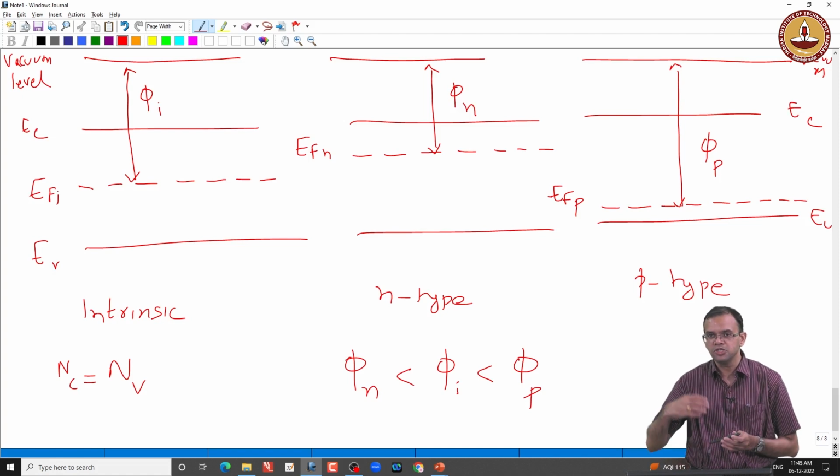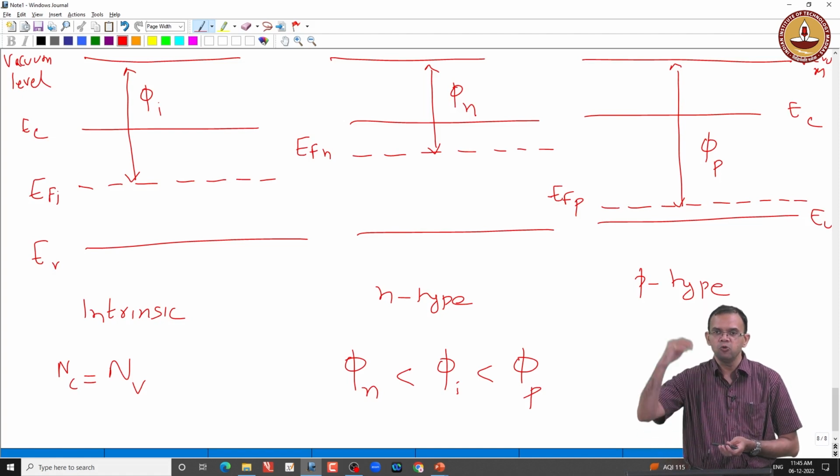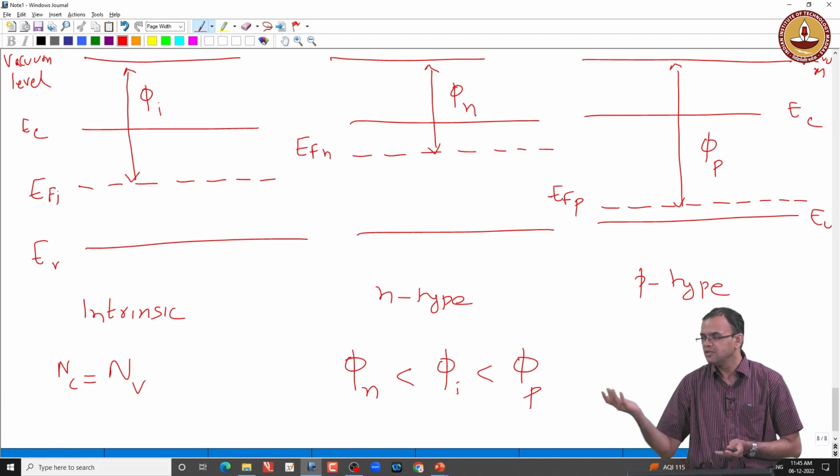So you expose your wafer to your dopants at high temperature and then they diffuse. So if I heat silicon to high temperature and expose it to oxygen, I will not have oxygen diffusing into silicon. Rather, I would have silicon reacting with oxygen to give me SiO2. If I have nitrogen, I would have silicon reacting with nitrogen to give me silicon nitride.